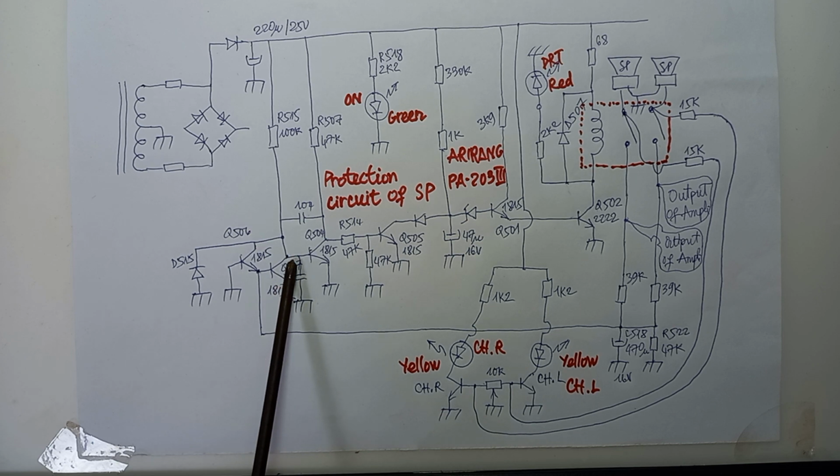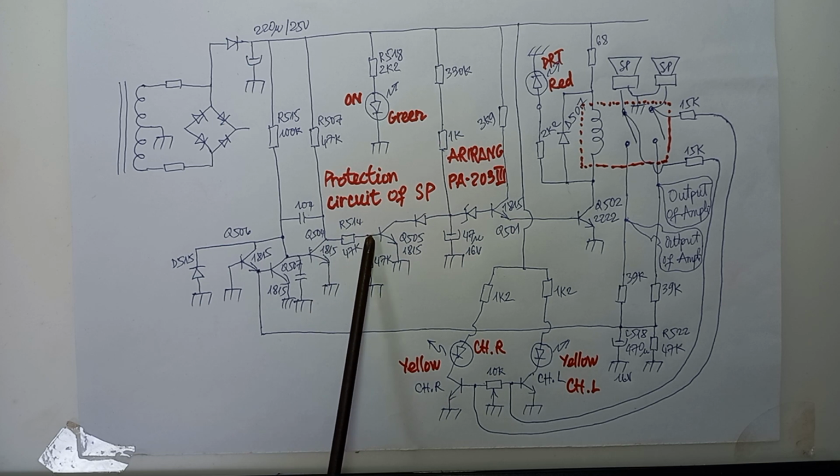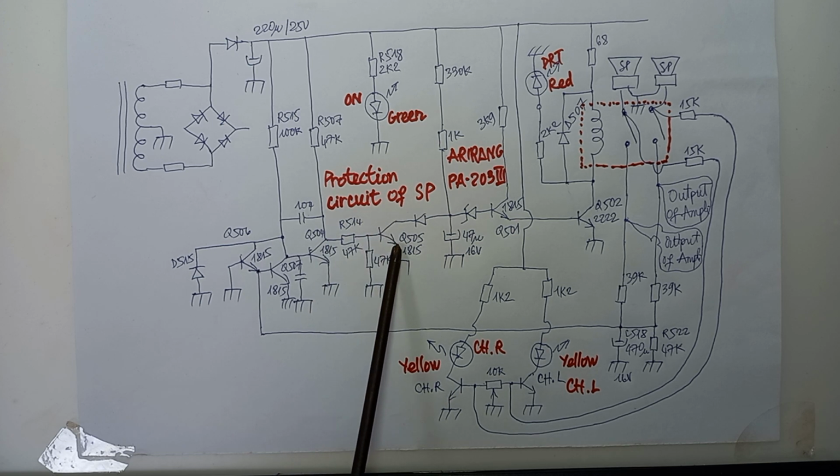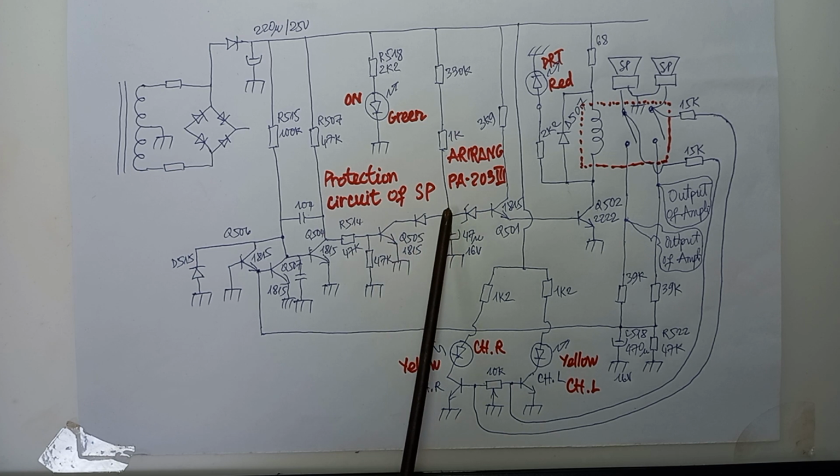The voltage here will be low. So this transistor will not conduct electricity. So the voltage here will be high. So this transistor will conduct electricity. The voltage here will be low.